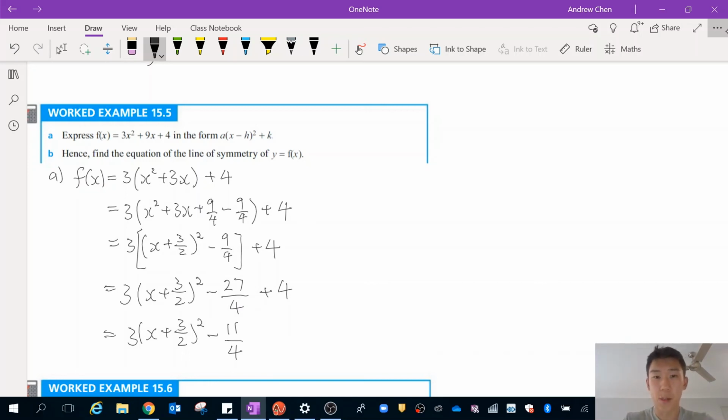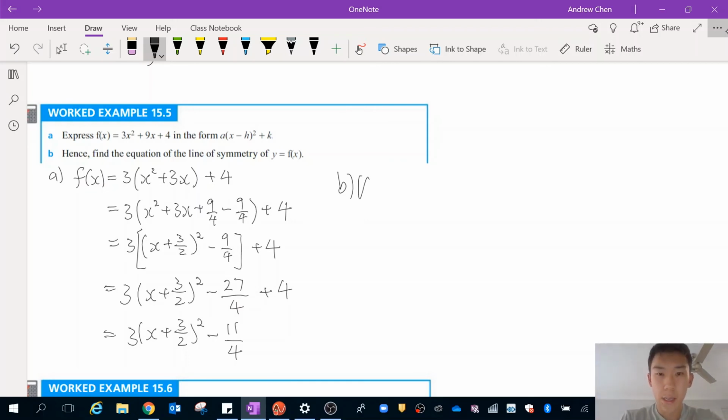Now we're done. Okay. So now part B, hence find the equation of the line of symmetry. Remember that a parabola is symmetrical about the straight line that passes through the vertex.